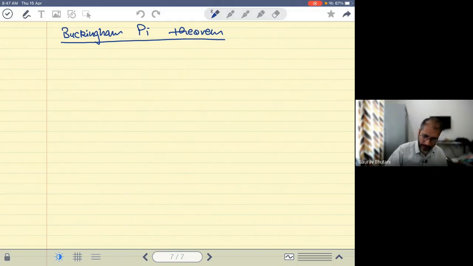This pi is related to the letter pi, which is also used for product. So we have a product of multiple variables, and that is the reason we use the word pi here. So let me state the theorem.